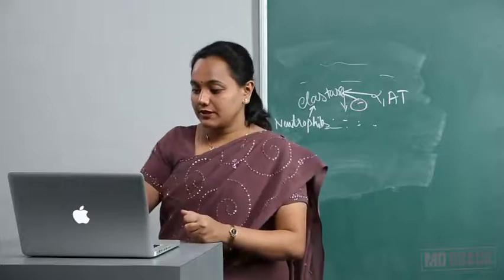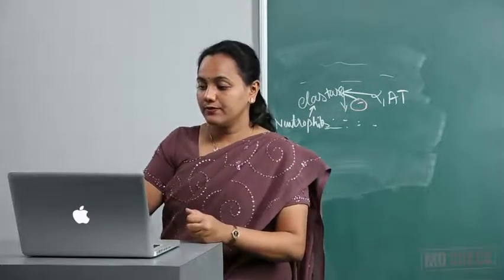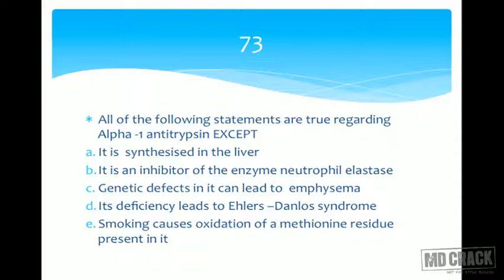So let's go to the next question. All of the following statements are true regarding alpha-1 antitrypsin except: it is synthesized in the liver; it is an inhibitor of the enzyme neutrophil elastase; genetic defects in it can lead to emphysema; its deficiency leads to Ehlers-Danlos syndrome; smoking causes oxidation of a methionine residue present in it.